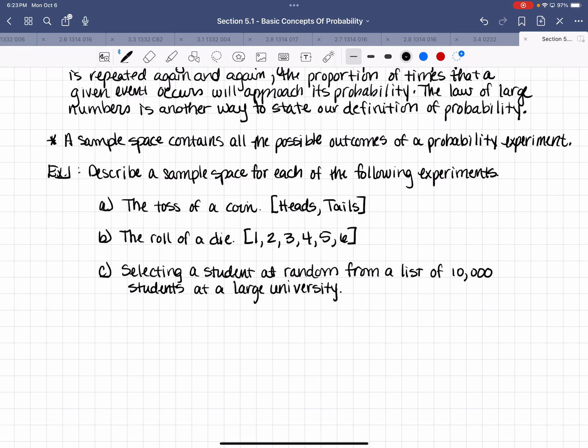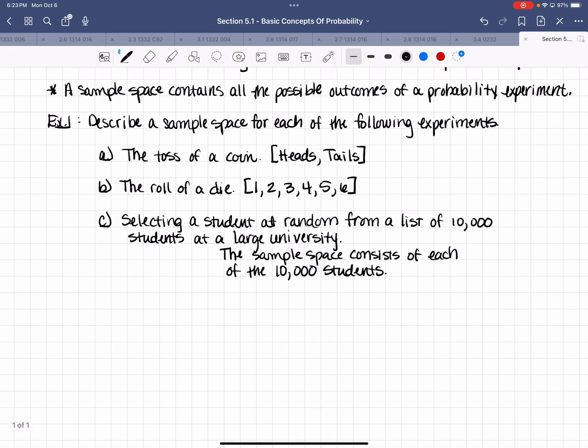You can't list this sample space in a bracket. You don't know the names, nor do you have the time to list 10,000 different students. That's what we have databases for, and computers run that, okay? So we just say the sample space consists of each of the 10,000 students, because everybody is just as likely to get drawn as anybody else. Okay?